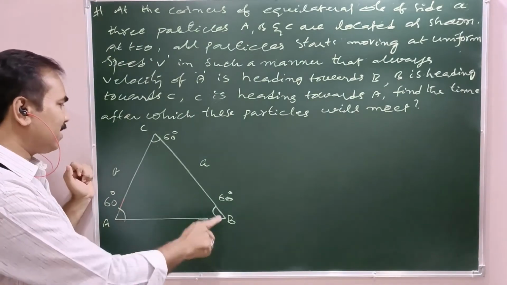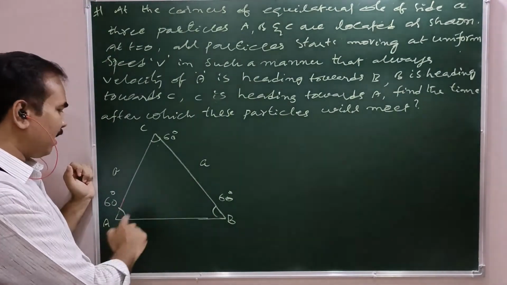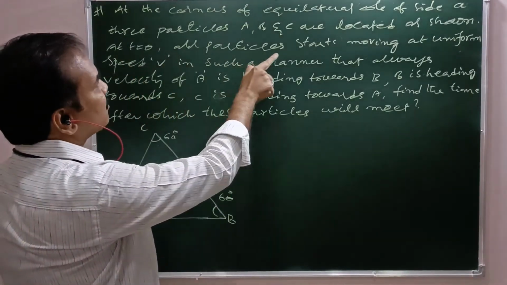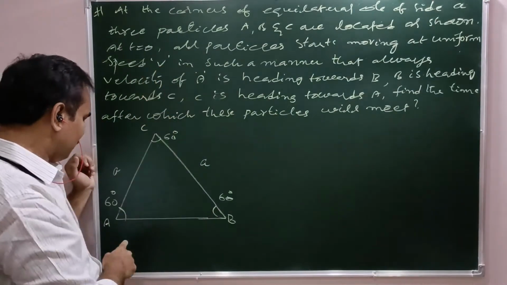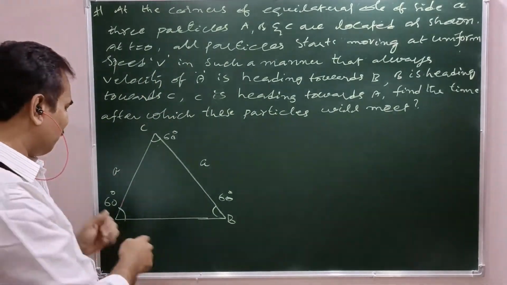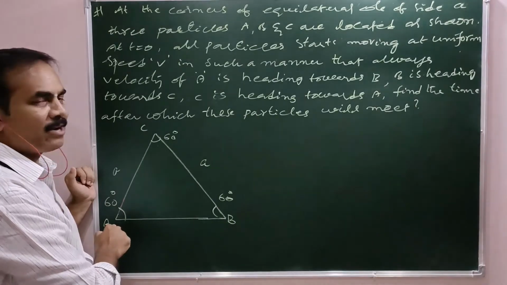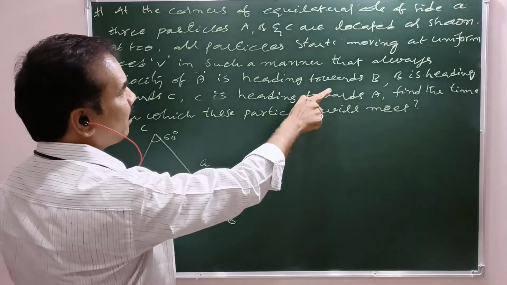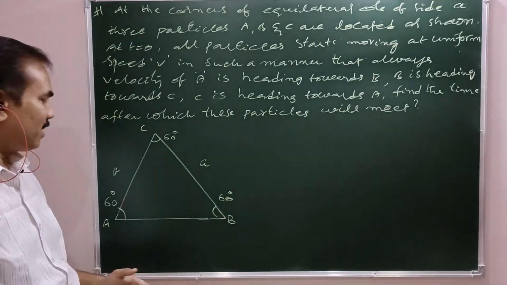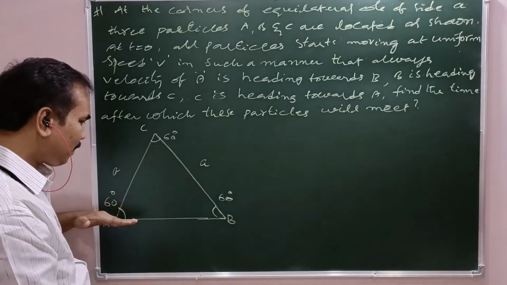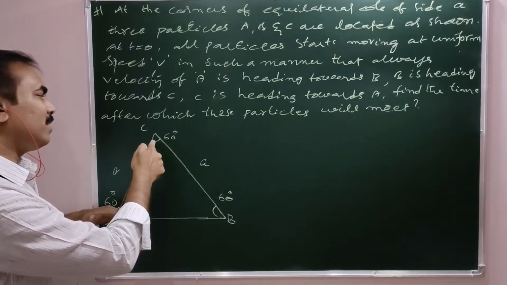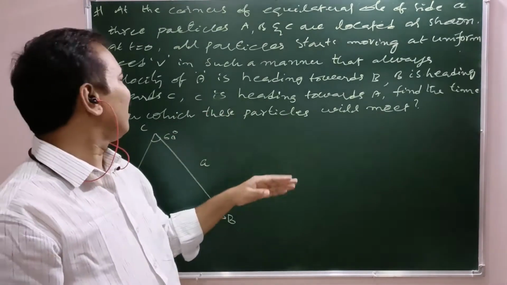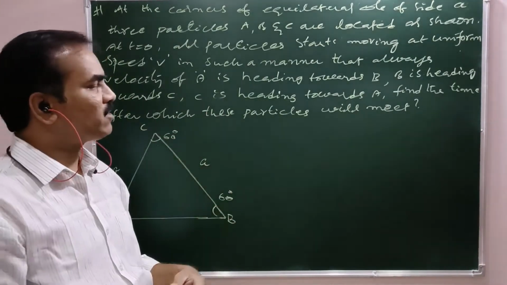At t equal 0, all particles start moving at uniform speed v, such that velocity of A is always heading towards B, B is heading towards C, and C is heading towards A. Now find the time after which these particles will meet.